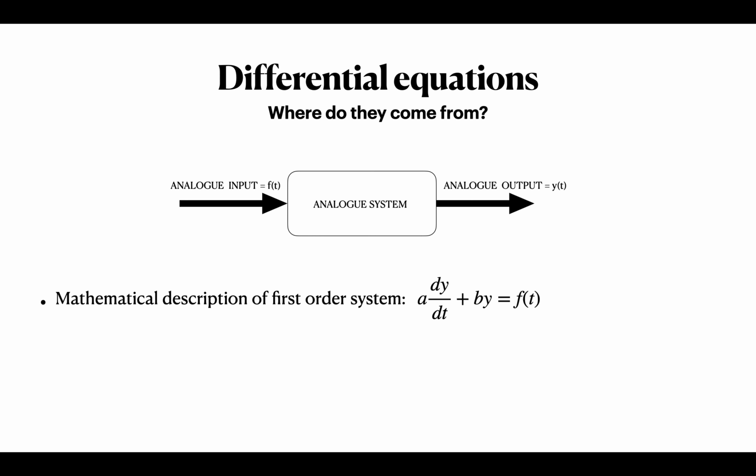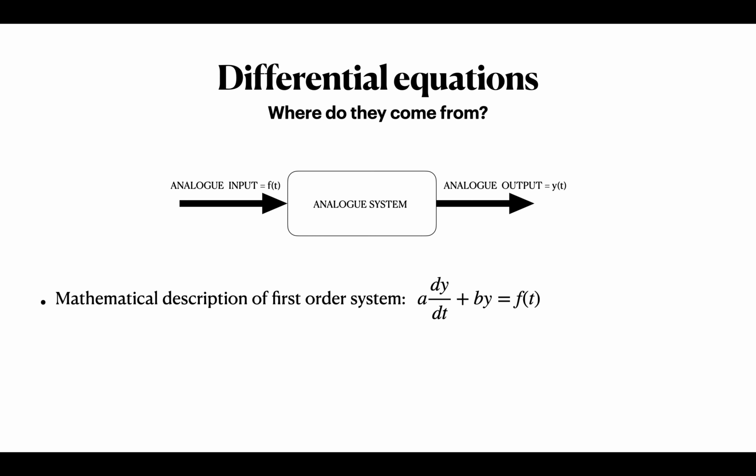And your goal, or your mission, is to find out what y is in terms of t. Because the letters A and B, they're constants, they're physical constants, which you will know from the system. And f of t is your input, which you also know. So in this equation, you know A, you know B, you know f, but you don't know what y is. You want to find out what y is.